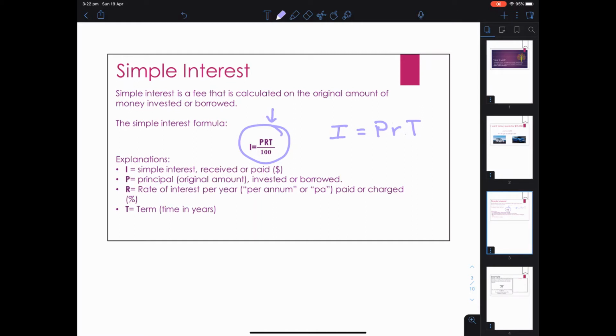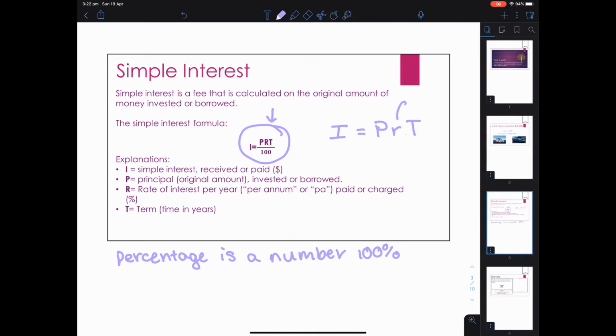Our R here is our rate as a percentage. That's why we have to divide by 100, because if you remember, a percentage is a number out of 100. If it's out of 100, then to get it to a decimal, which is what we ideally wanted for our sum, we're going to divide by 100.